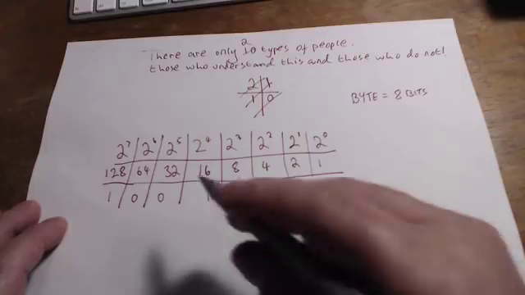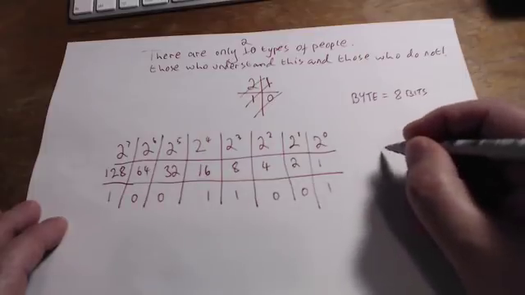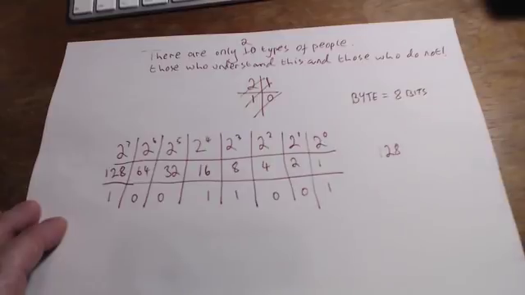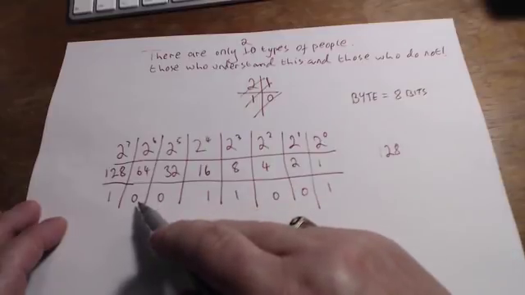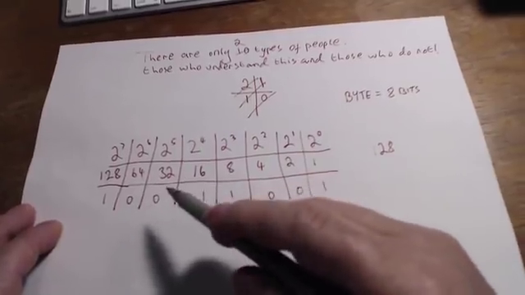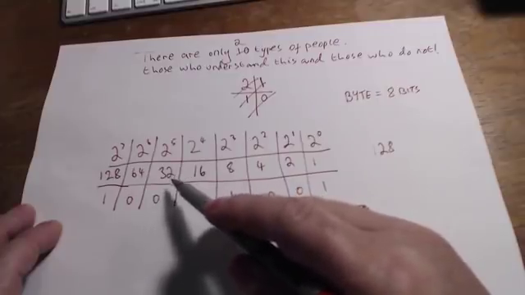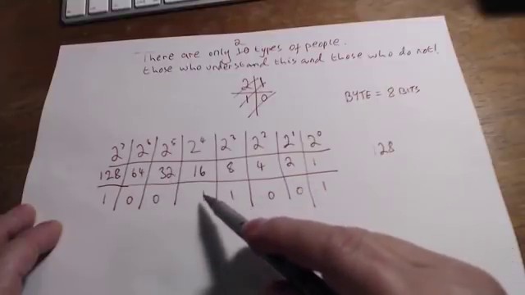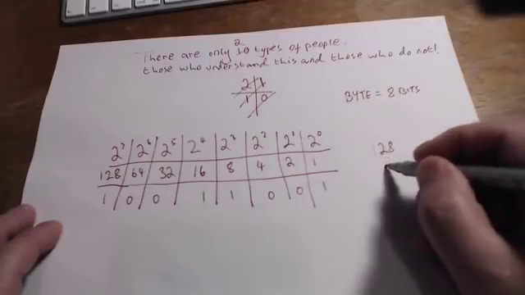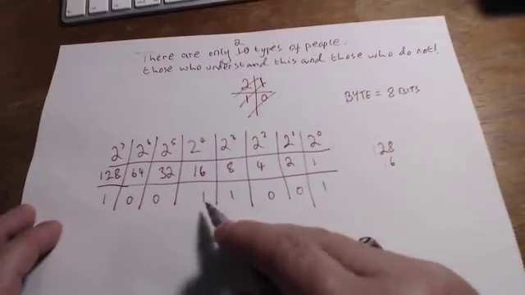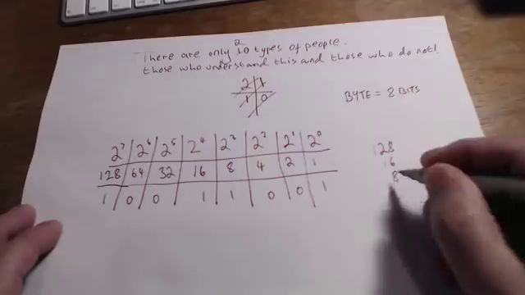So what have we got? Well, we know we've got 128. Nothing in the 2 to the power of 6 or the 64 column. Nothing in the 2 to the power of 5, 32 column. But there's a 16, so that's 128 plus 16. And there's an 8.